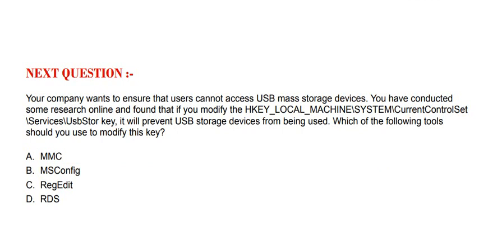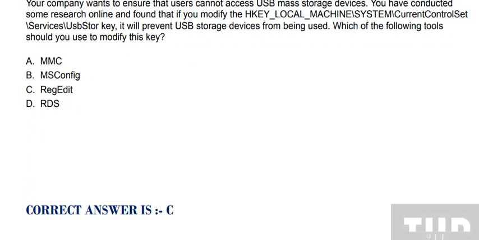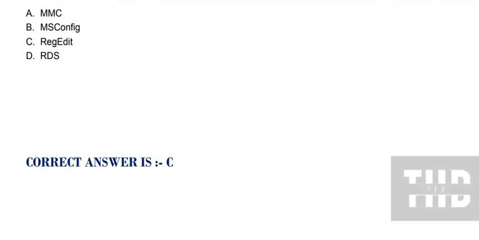Which of the following tools should you use to modify this key? And the options are option A MMC, option B msconfig, option C regedit, and option D RDS. The correct option is option C.